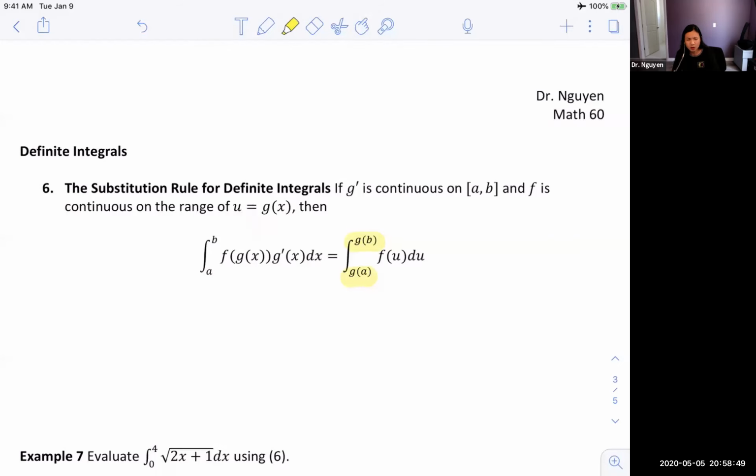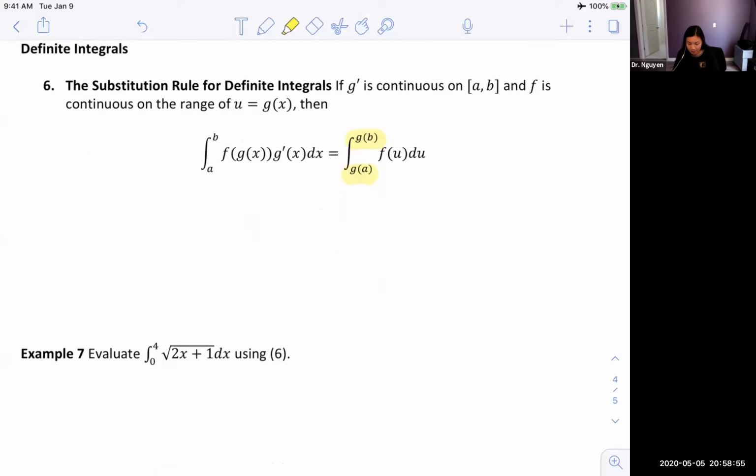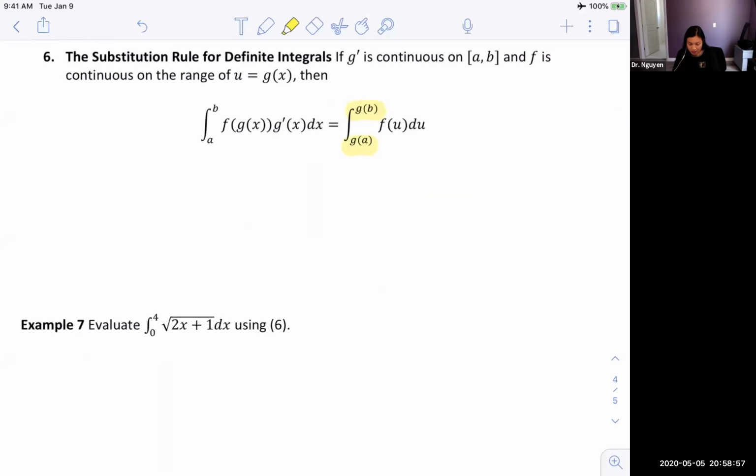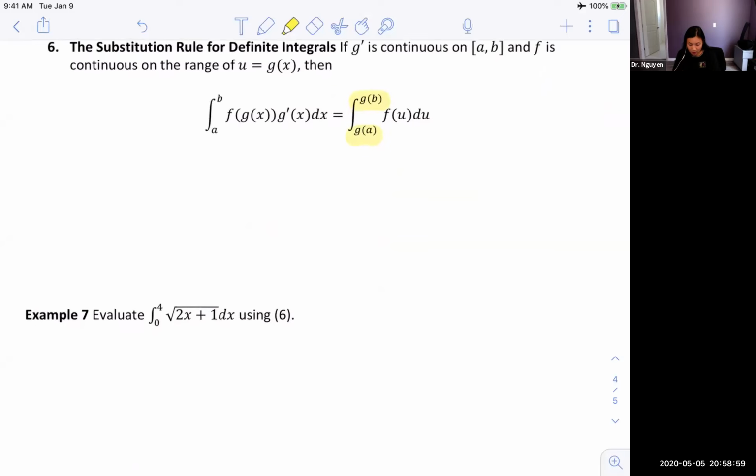So pretty much we have to evaluate all the way before we plug it back in. Okay, so right here we have to evaluate 0 to 4. We did this problem in part 1, but anyway, I can just go ahead and remind you.